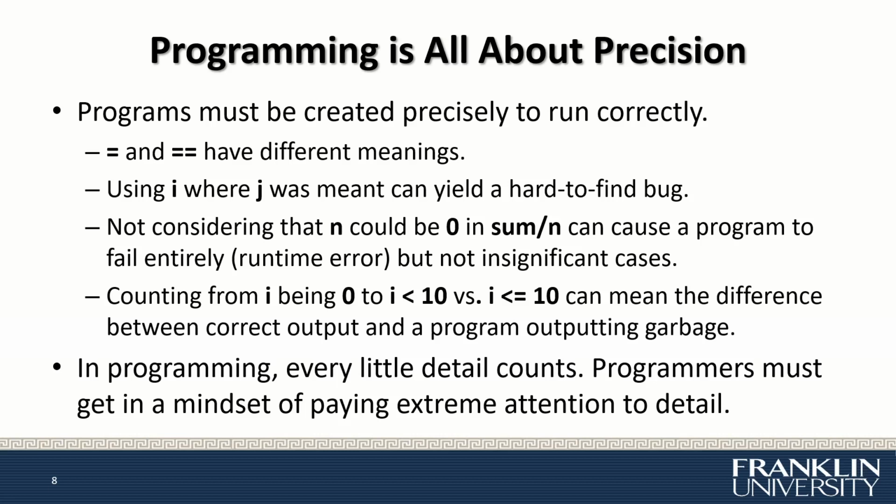And counting from 0 while I less than 10 versus I less than or equal to 10 can mean the difference between a correct output and a program outputting garbage. And those are errors that maybe sometimes work, sometimes don't. So in programming, every little detail counts. Programmers must get a mindset of paying extreme attention to detail. And this all goes with debugging.